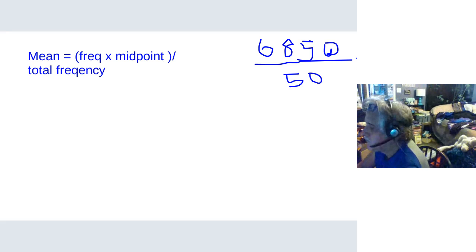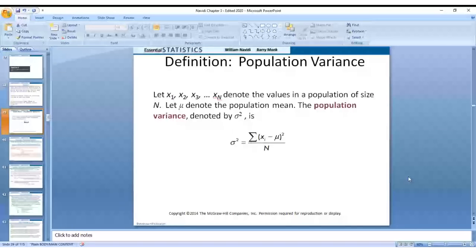All right, so the first thing we're looking at is this kind of wicked looking formula called the population variance. Now, since it's for the population, they use that Greek symbol. That's a sigma.